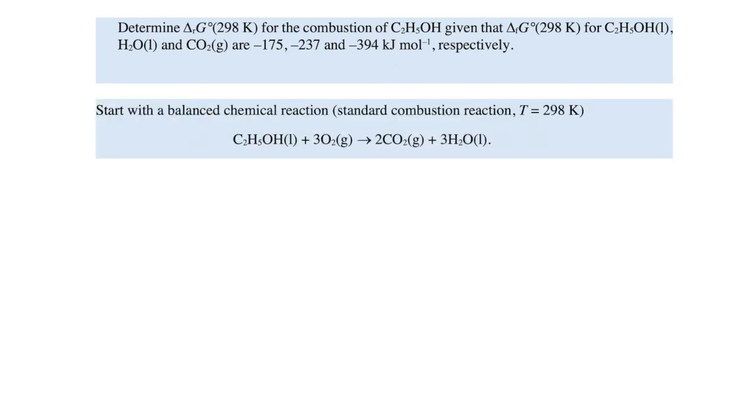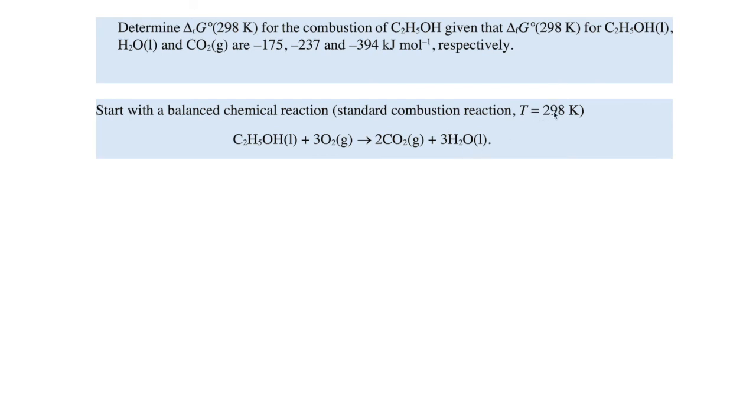As always, you have to start with a balanced chemical reaction. In this case, it's going to be a standard combustion reaction. A standard combustion reaction takes 1 mole of the molecule to be combusted, and you react it with as much O2 as it takes to form CO2 and H2O.